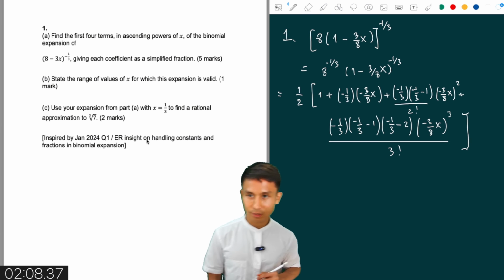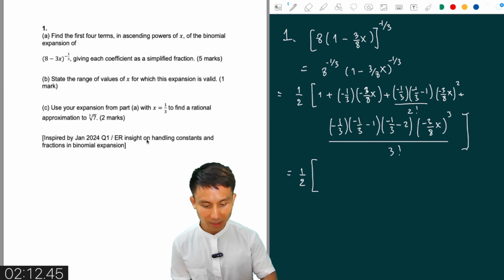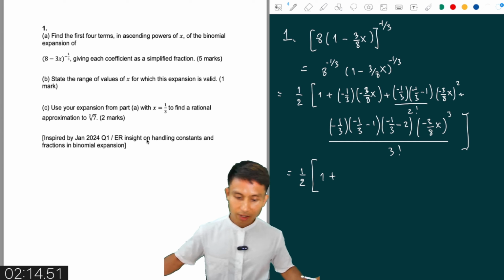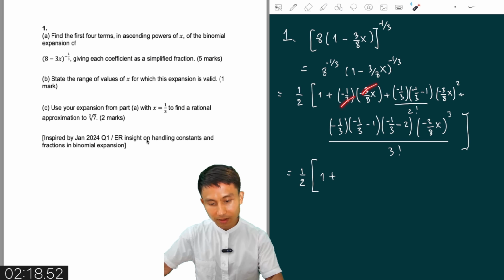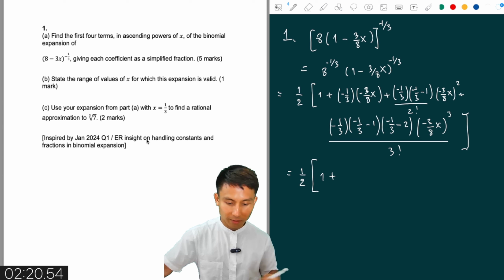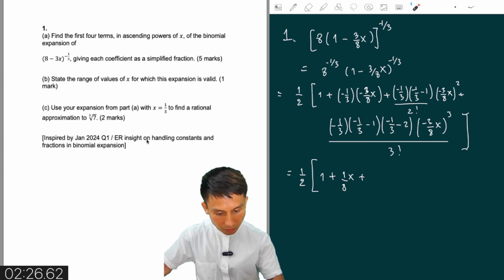Just going to simplify everything. So we have a half outside, and this first term is still 1. The 3 cancels with the 3 here, and there are 2 negatives there, so this is 1 over 8 x. Plus, what about this one? This is minus 1 over 3, this is minus 4 over 3.